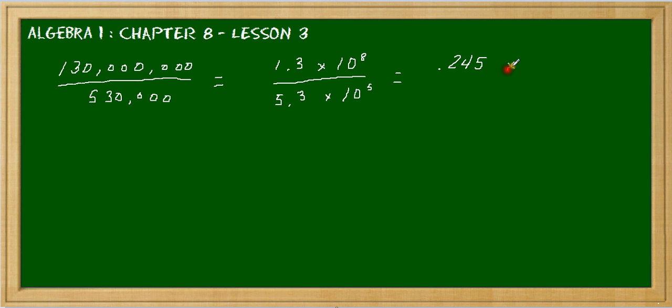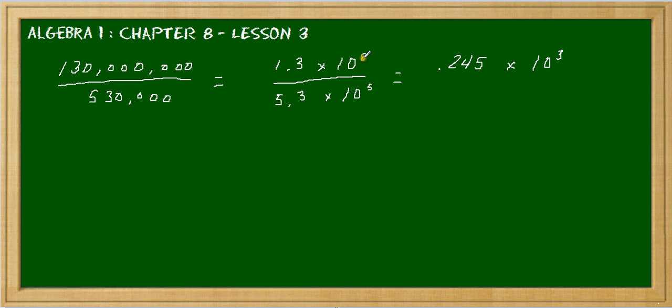So let's write that down over here. So we have 1.3 divided by 5.3, which is 0.245, times 10 to the 8th divided by 10 to the 5th, which is 10 to the 3rd. Now, it can be seen that to divide 2 powers of 10, we simply subtract the exponents. Notice we have 10 to the 3rd.